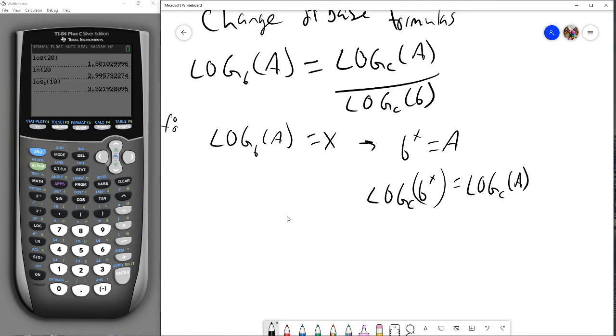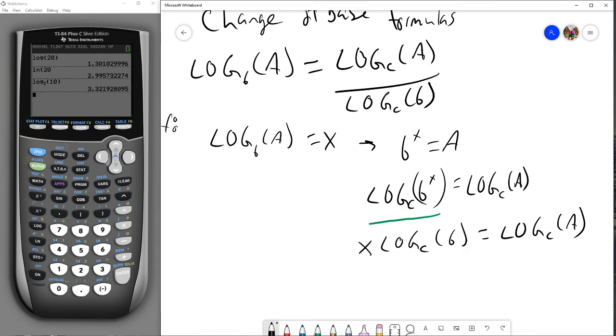Now, if we think about our left-hand side here, we can notice that we can use our new law of logs that we derived. So that is x log base c of b is equal to log base c of a.